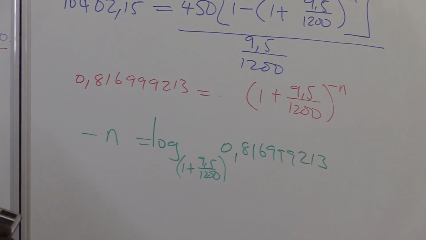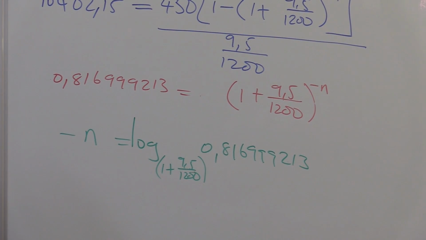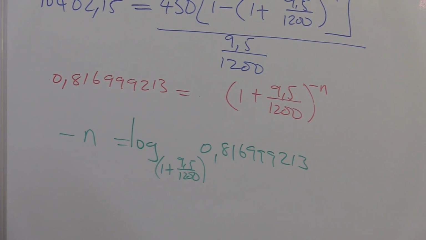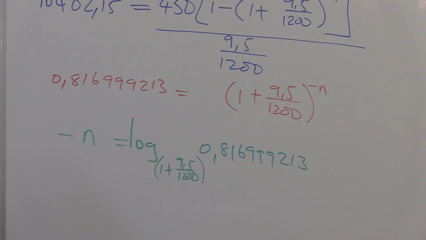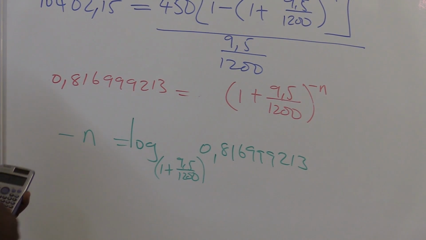Then from here, simple. You punch what you see. So it's minus n is equal to, I've got log, which log? That log. Okay, I've got this. Down I've got 1 plus fraction button. I'm just pushing in this one.